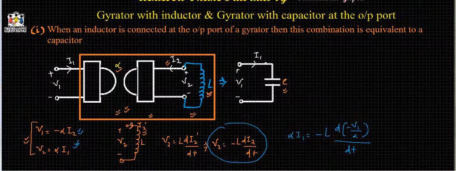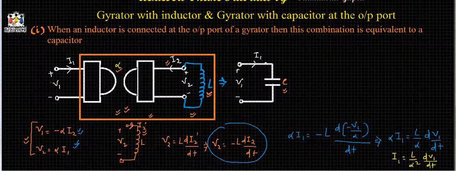This minus 1 upon alpha is a constant and I can take it outside. So it can be written as alpha I1 is equal to L upon alpha dV1 upon dt. Or it can be written as I1 is equal to L upon alpha square dV1 upon dt.